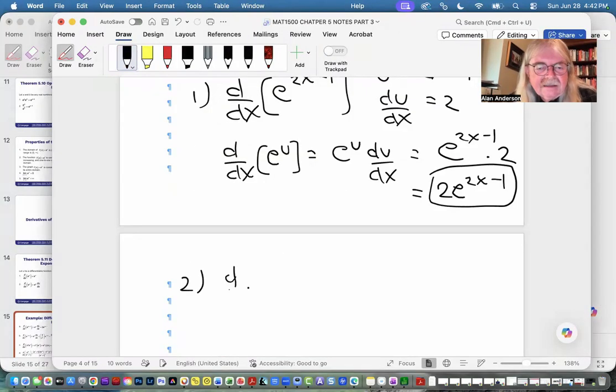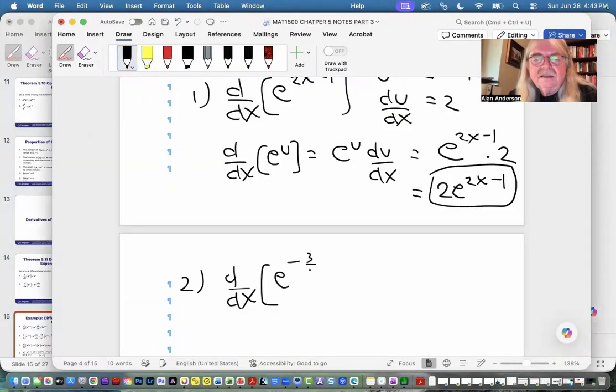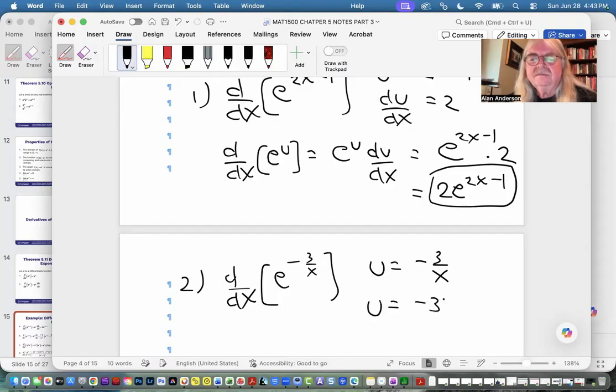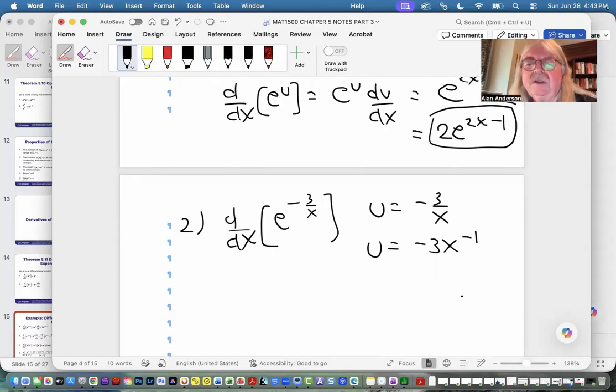All right, number two. e to the minus 3 over x. All right, u is negative 3 over x. It's probably easier to write it as minus 3 times x to the minus 1.